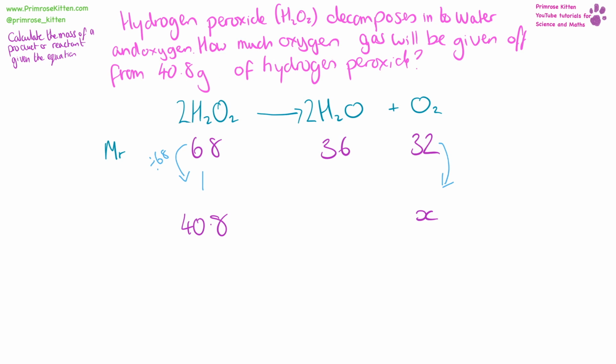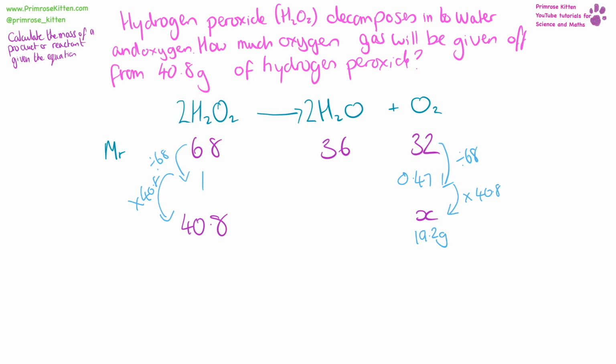So that's what I need to do on the other side as well, divide by 68, giving us 0.47. To go from 1 to 40.8, we need to times it by 40.8, which is exactly what we need to do over this side, times 40.8, but I don't want you to clear your calculator. I want you to keep the number in your calculator. So 0.47, or the long number in a calculator, times 40.8 gives us 19.2 grams.